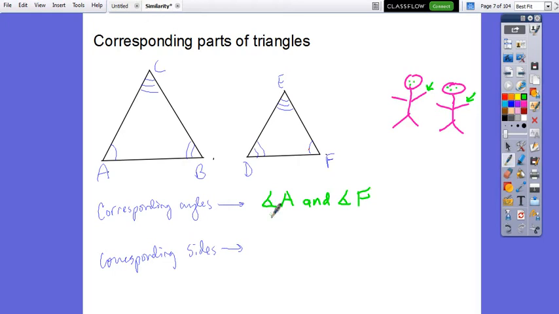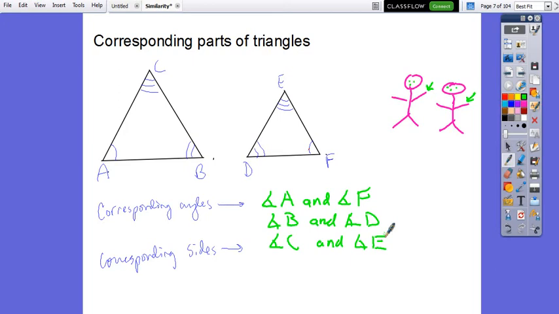Angle B and angle D. And angle C and E. So those are your corresponding angles. Again, we've got to know which angles correspond when we're dealing with similarity, because similar figures have corresponding angles that are congruent. So the ones that are congruent, that's how they correspond.